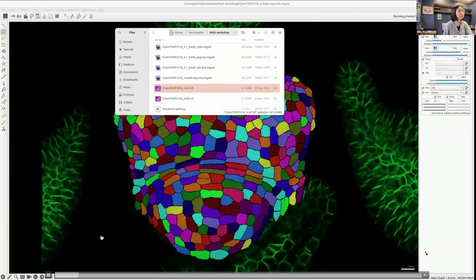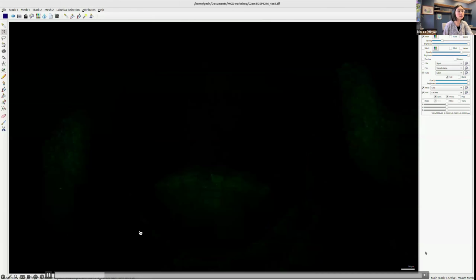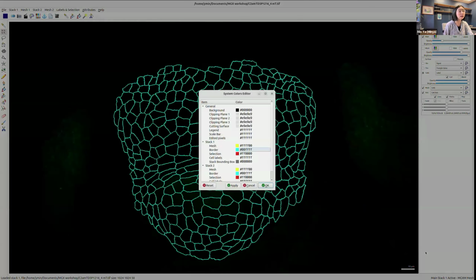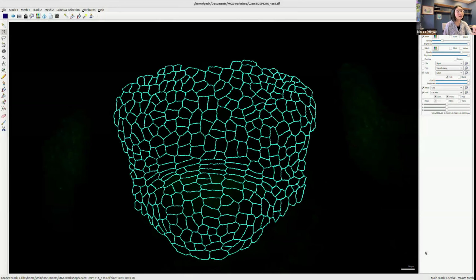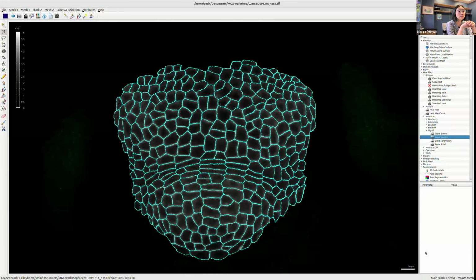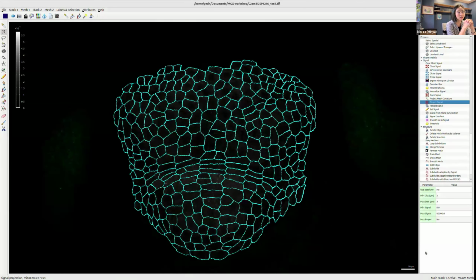Now we're just dragging the mTurquoise stack directly onto this mesh, and nothing is showing up right now, right? Because just now we changed the border from blue to black, and now we can change it back. And now with the mTurquoise stack, we do the same exercise of projecting the signal onto this processed mesh.